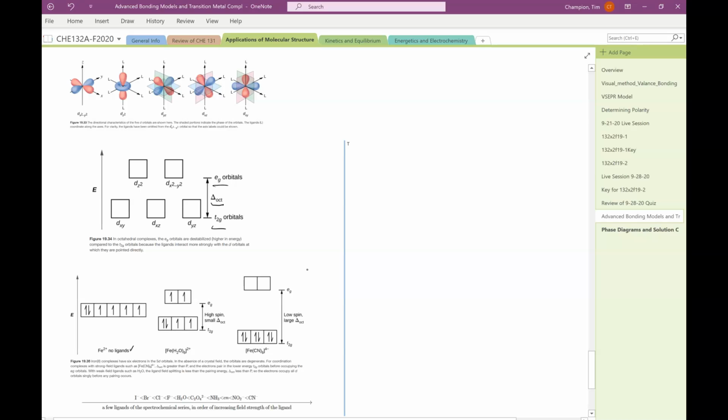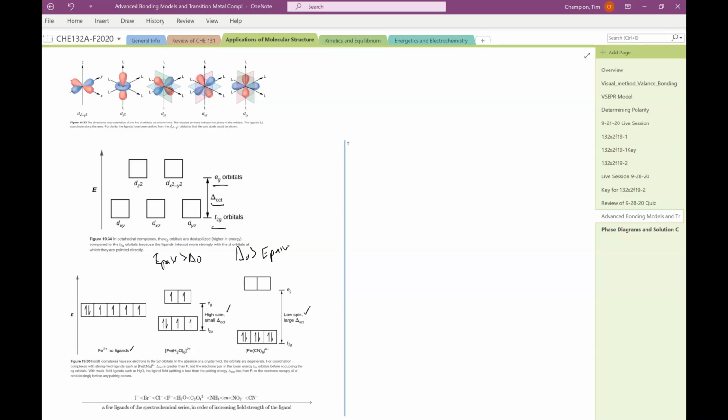In the high spin case, there's an energy associated with pairing electrons, and the energy to pair is greater than the splitting energy. In the low spin situation with the cyanide ion, that splitting energy is now greater than the energy to pair, so it's easier for the electrons to pair up in the lower T2g orbitals than to go to the higher ones.